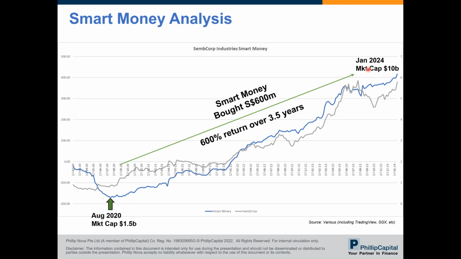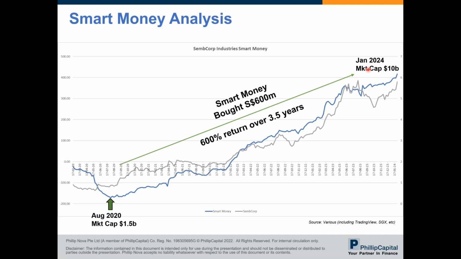Then fast forward to January 2024, as of what this chart is. But even if you look at the price of Sembcorp as of today, it is trading at $5.40, so that's almost a 6 times move over 3.5 to 4 years. From a market cap of 1.5 billion, Sembcorp has then moved up to a market cap of 10 billion as of today.